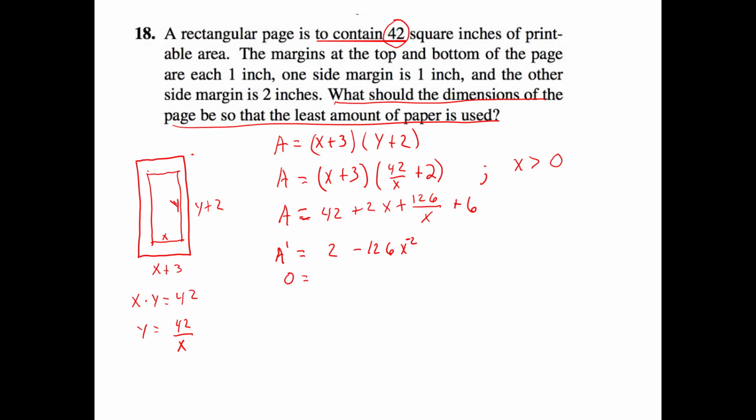So 0 is equal to 2 minus 126 over x squared. If we add the 126 over x squared to both sides, we get 126 over x squared equal to 2. Clear the fractions by multiplying both sides by x squared: 126 is equal to 2x squared.